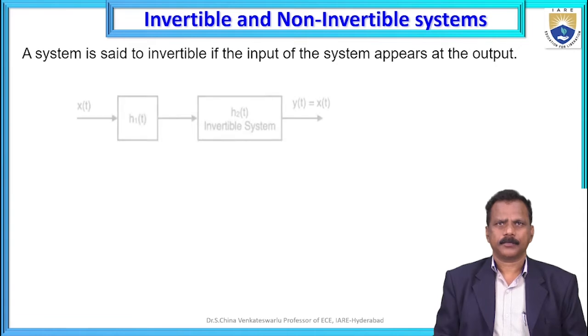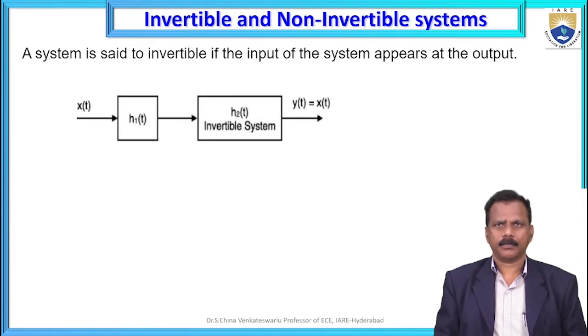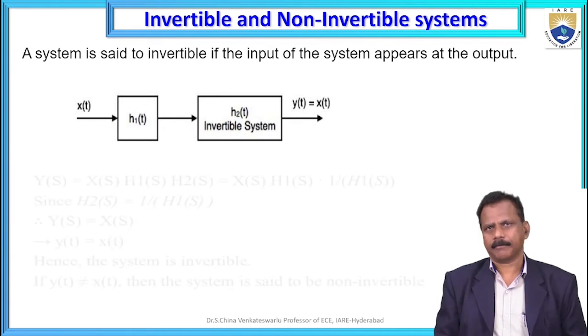Okay, so here x of t is the input, and h1 of t is given as the inverse, what you call an invertible system. We expect that y of t is equal to x of t.